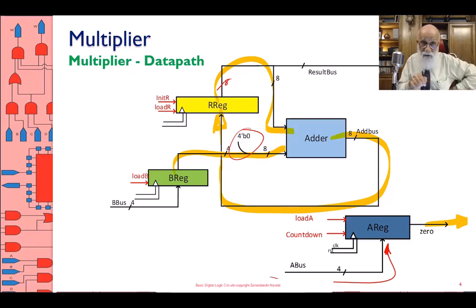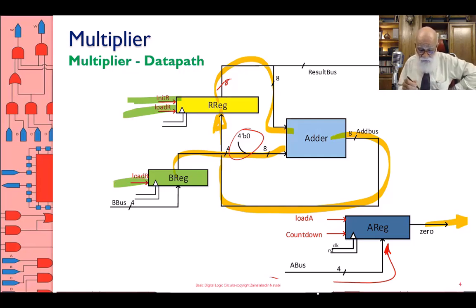But then let's do the control signals here. The control signals I have: init R, because I have to initialize it. Load R, with every adding, I have to do the loading. Because the adding happens, it's combinational, but then unless I capture the output of the adder, it's no good. And how do I capture it? I capture it with load R. Then I have the B register here that initially I loaded and I don't touch it.